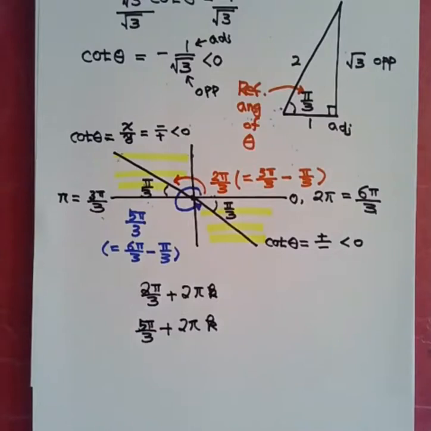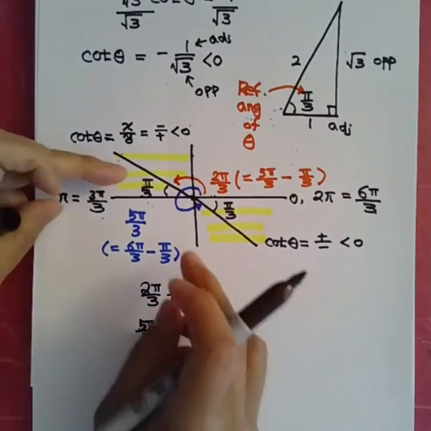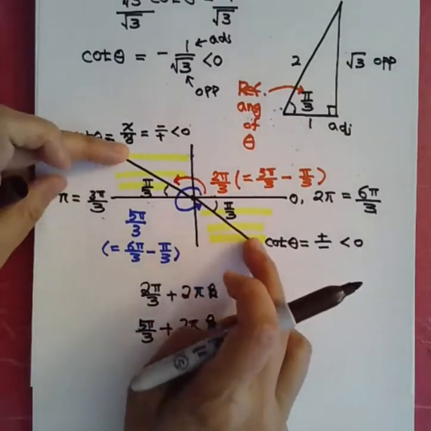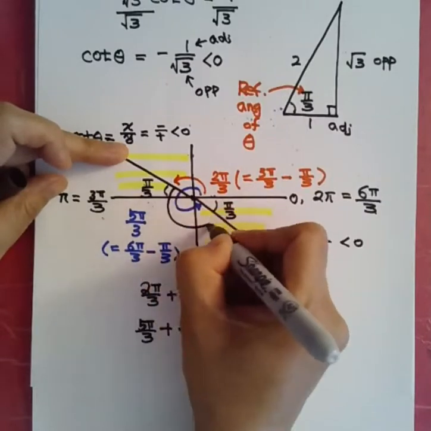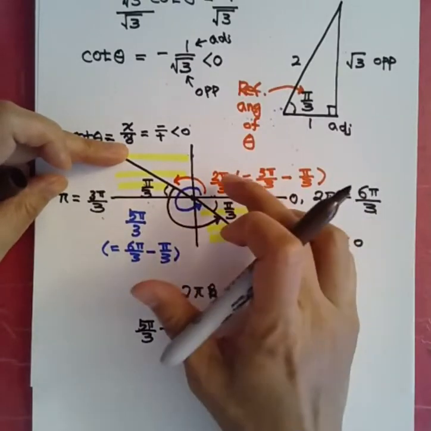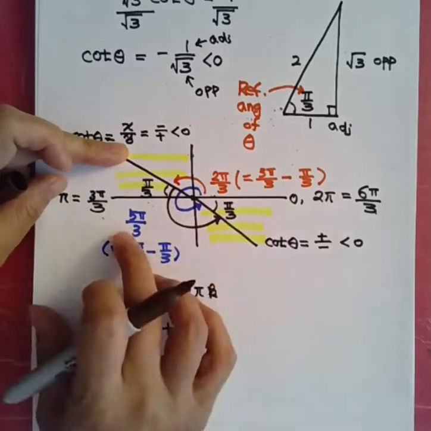However, if you look at the angle relationship between this angle and this angle, then the difference between 2 pi over 3 and 5 pi over 3 is pi.